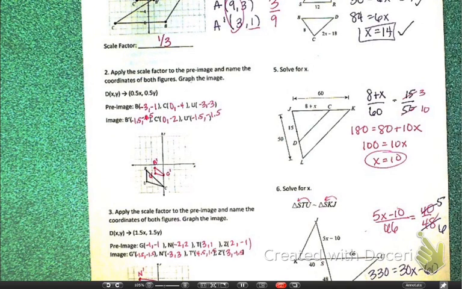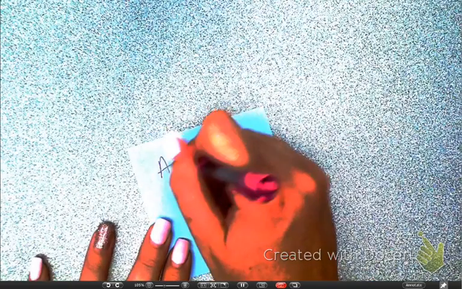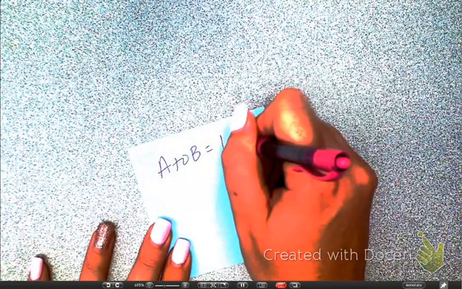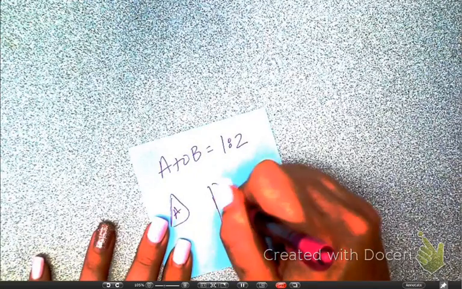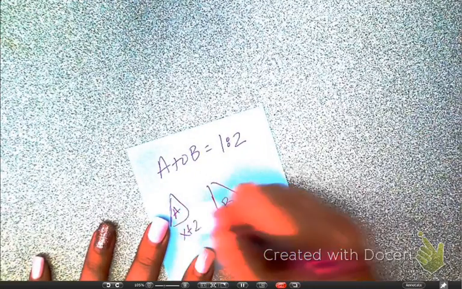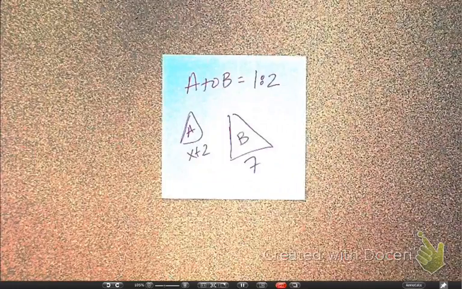There is a problem exactly like number 5 from your practice test and like number 4 from your practice test. There is also a problem that will look something like this. And you need to set up a proportion.